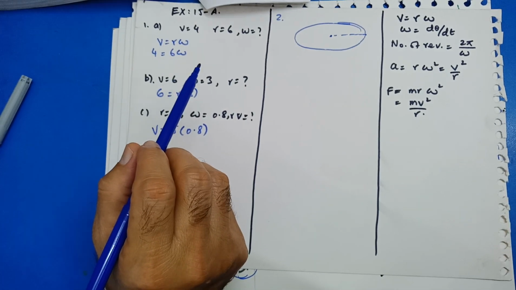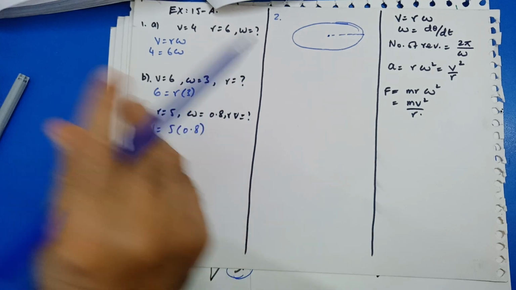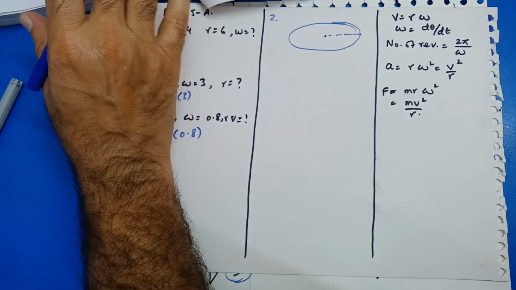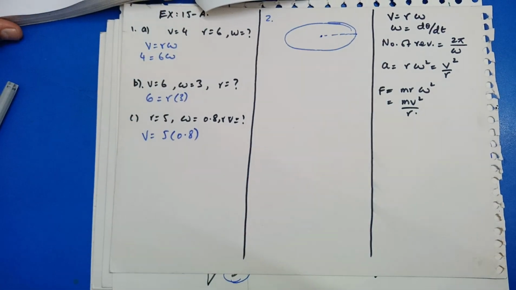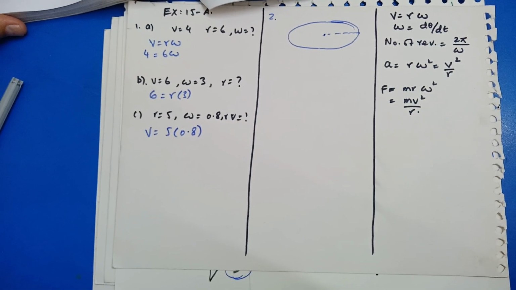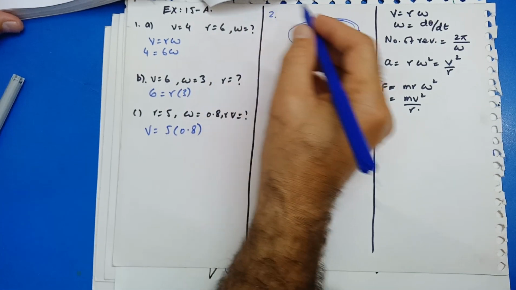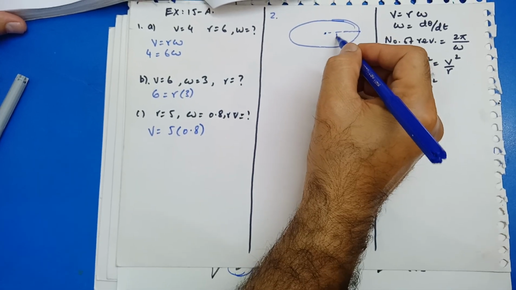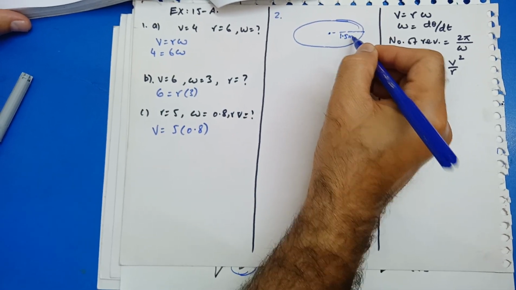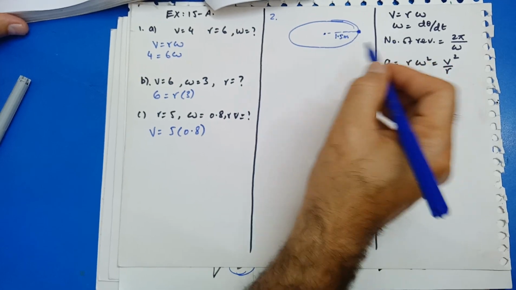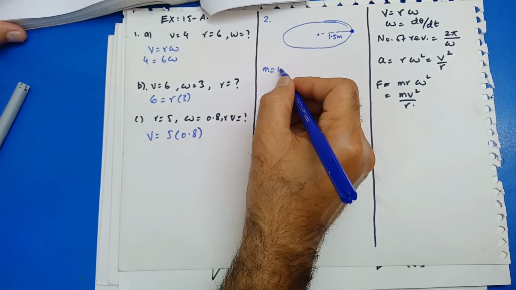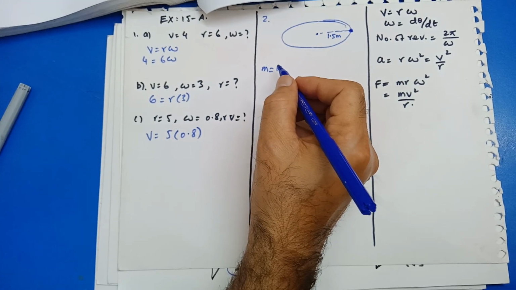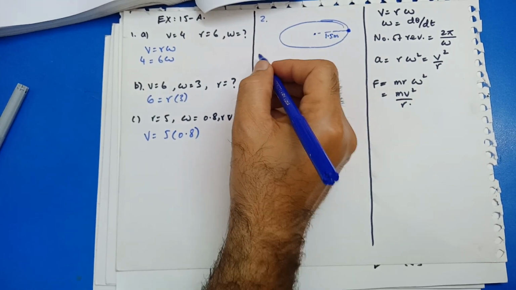Now we go to the second question. I believe you have the books, okay, so I'm not going to show you the question, so you can look at the question. It says a particle of mass 0.2 kg is attached to a light inextensible string of length 1.5 meter. So let's say this is the string, 1.5 meters, and here is that particle attached to it. Its mass is given as 0.2 kg.